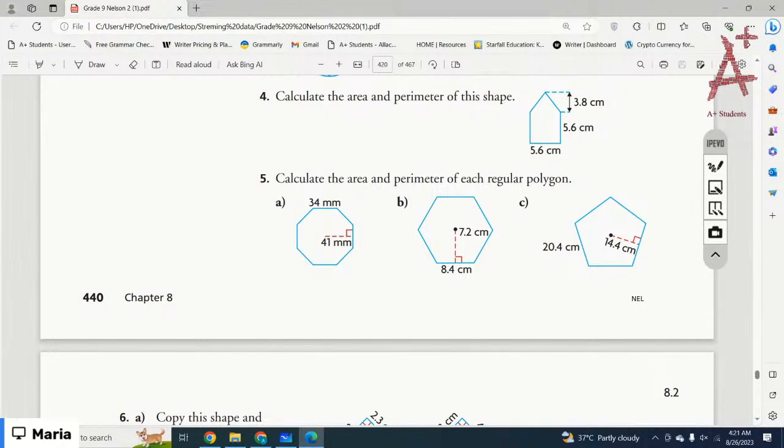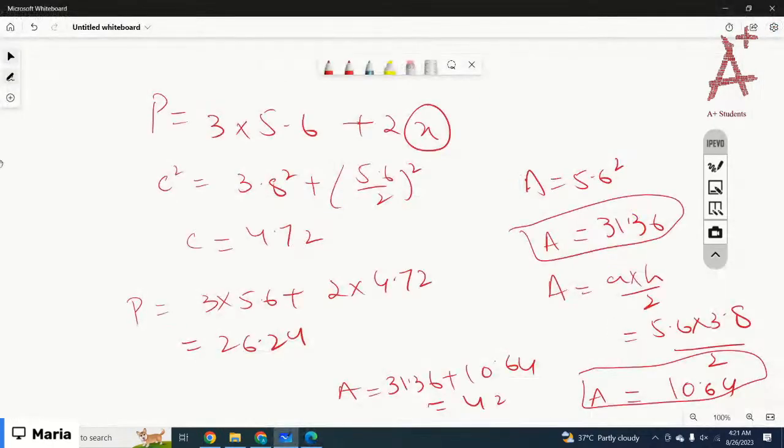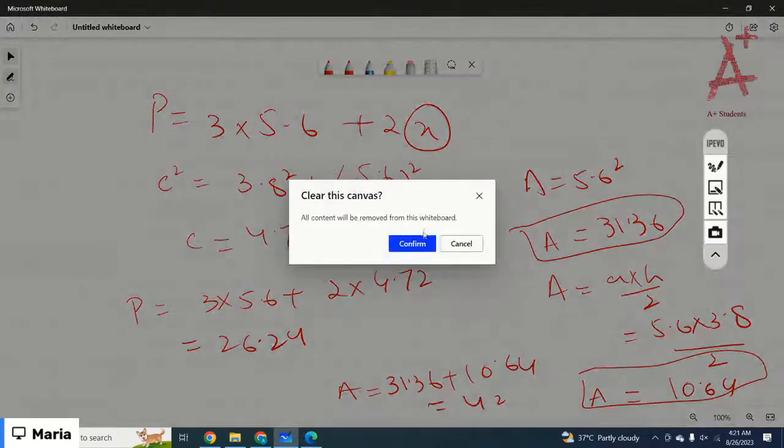So we can find the area of a triangle using the formula a times height over 2. Then it would be question number 5a.